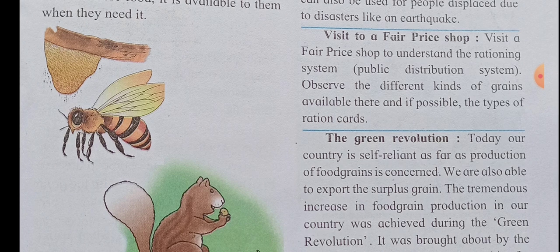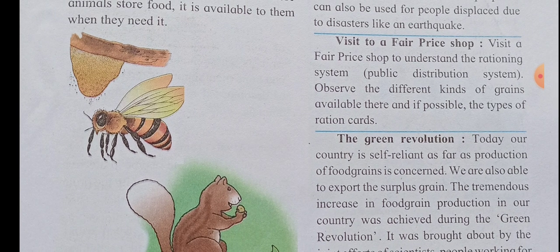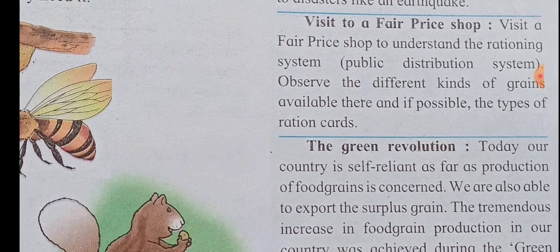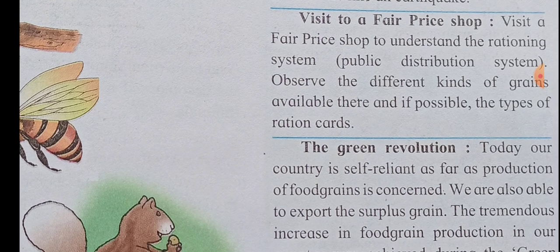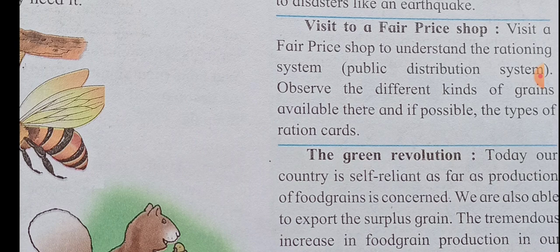They get a card, that is a ration card. There are different ration cards: blue ration card, green ration card, red ration card, according to their income groups. These people have the ration card and visit the fair price shop, and they get food grains at a cheap rate.